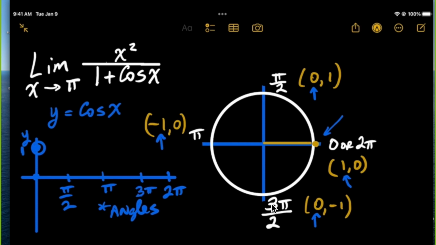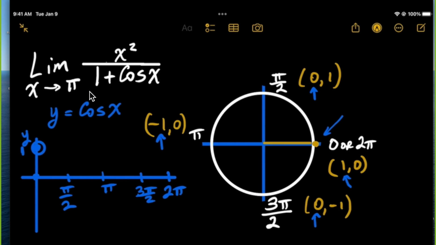So when we get to pi over 2, that's going to be this position on the unit circle. The input is pi over 2, so we're going to be right here on the x-axis of this graph, but the output is 0. That is the cosine of x. So when x is pi over 2, cosine of x is 0.